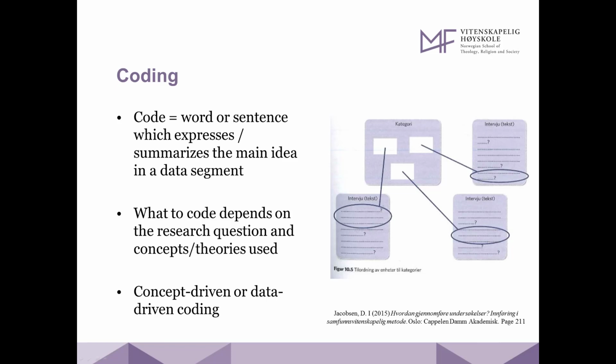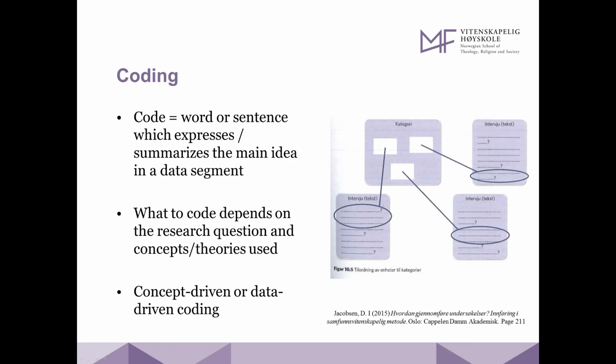It's about finding some labels or codes that help you to understand what your data is about, to help you to see some topics, some similarities, some differences within your data across different units of analysis, different interviews, different sets of field notes, or different texts that you've been analyzing.